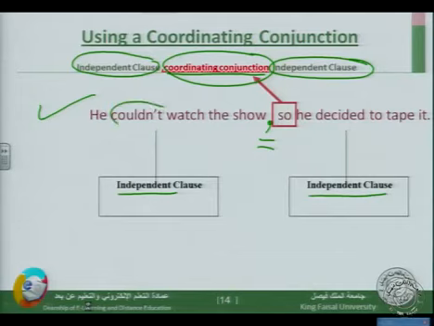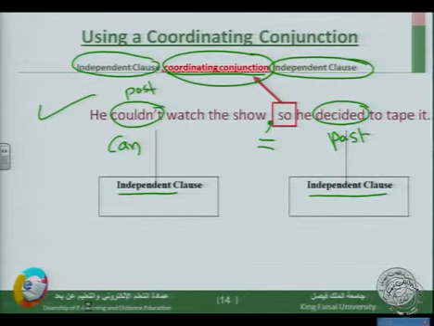لاحظوا, couldn't هي ماضي من كان, وdecided أيضا هي past. So the coordinating conjunctions balance also the structure of the clauses and the tenses.